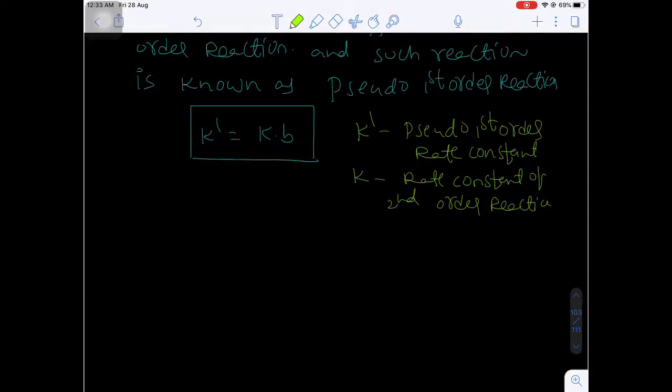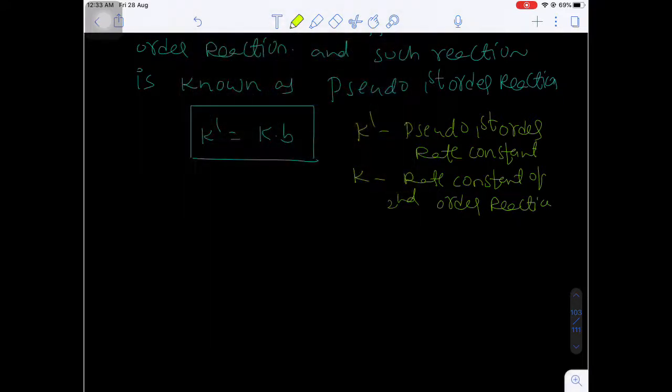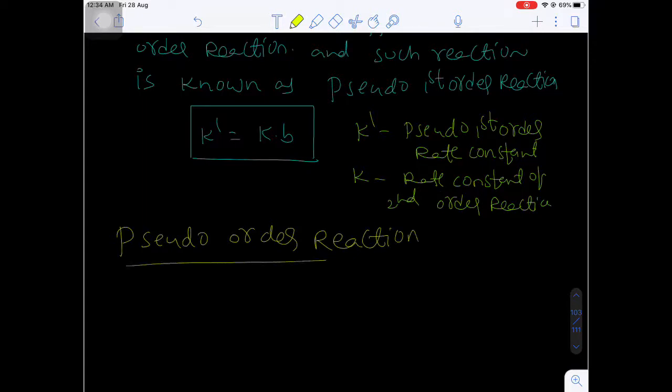Now what is the definition of a pseudo order reaction?